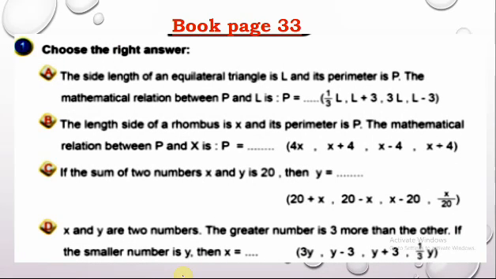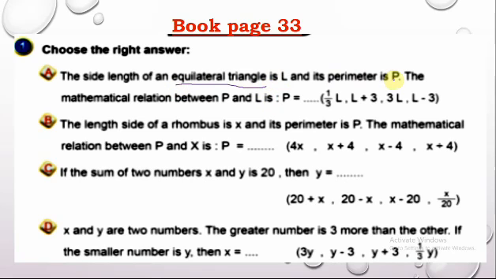Next question in our book on page 33. Choose the right answer. Read the question very well to find which one of those is the right answer. The side length of an equilateral triangle is L. Equilateral triangle means the three sides are equal.